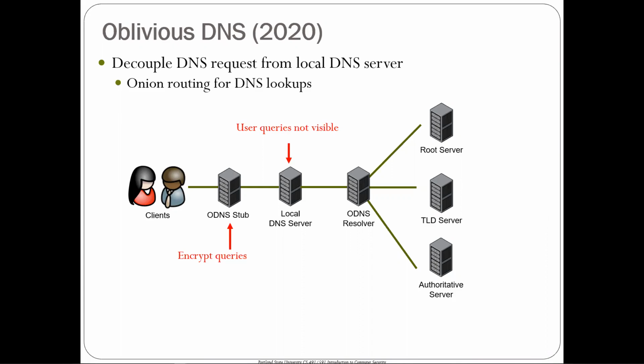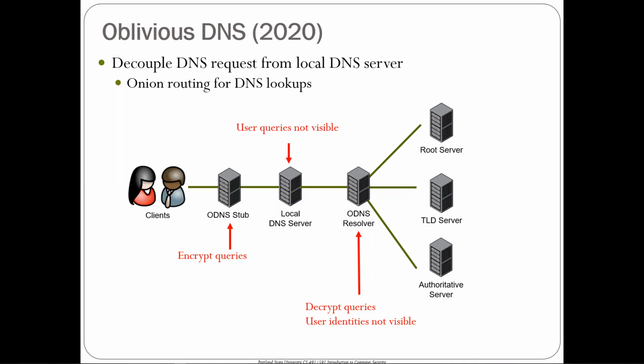It forwards this query to the resolver, and it's only at the resolver that the query can be decrypted. The resolver knows that this local DNS server gave it this request, but it doesn't have the identity of the client that initiated this request. And so here, you have the content of the query, but not the identity. Here, you have the identity of the client, but not the content. So that's the magic here.